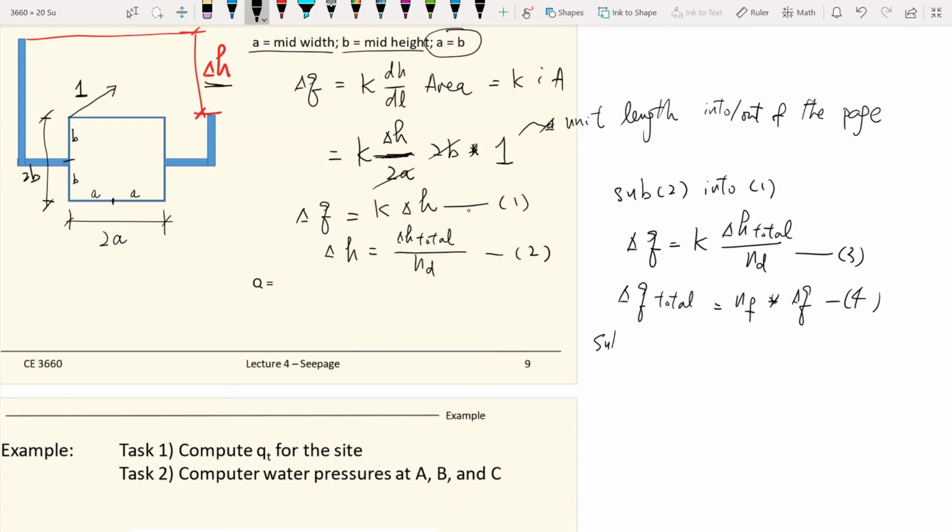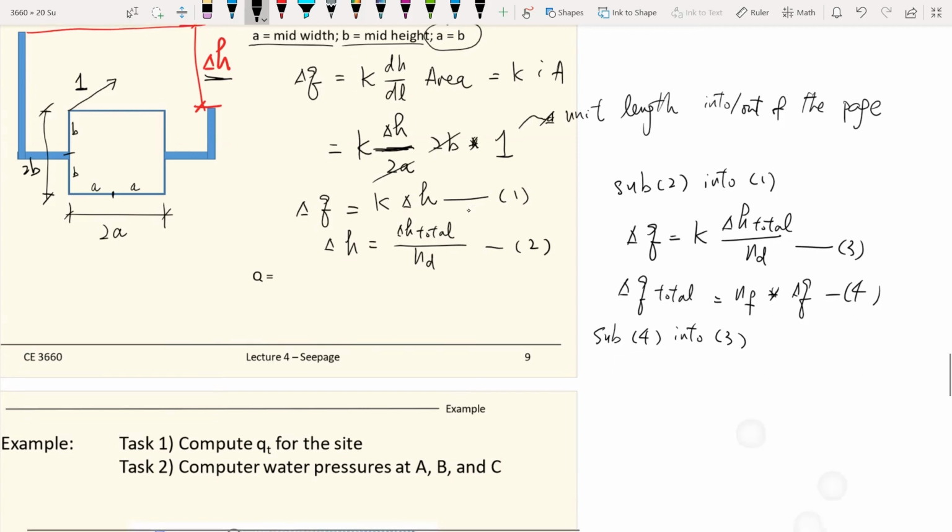And then if we substitute equation 4 into equation 3, we will get this equation. The total amount of flow, which we are trying to solve for, and remember, this is our goal number 2. The total amount of flow going through the site will be equal to N sub F divided by N sub D times K times the total head drop.